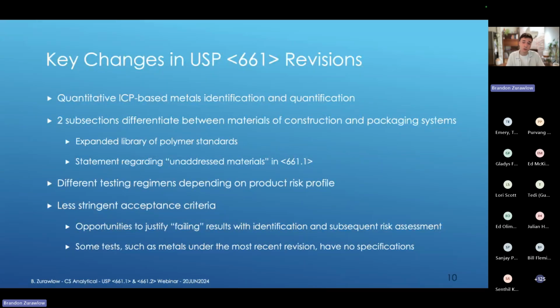Rather, if you do have a result that does not meet specification, the expectation is that you characterize what caused that high result, you perform a risk assessment on the material or chemical component that caused that high result, and you evaluate whether it actually poses a risk to the product or the patient. And that is written right into the chapter, where a failing result in and of itself does not necessarily mean that the material or component is not suitable.